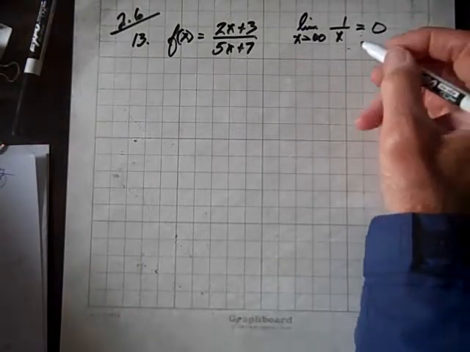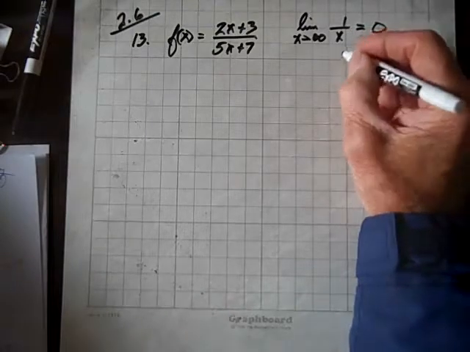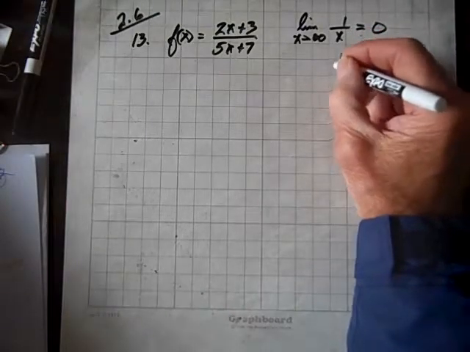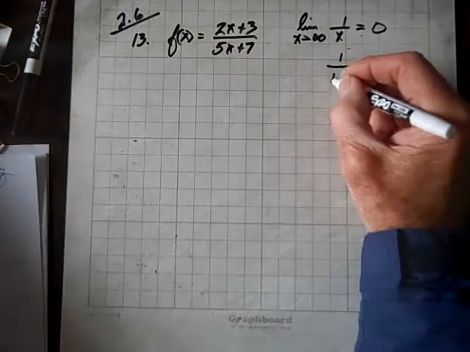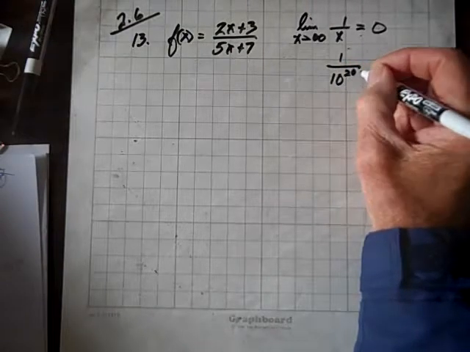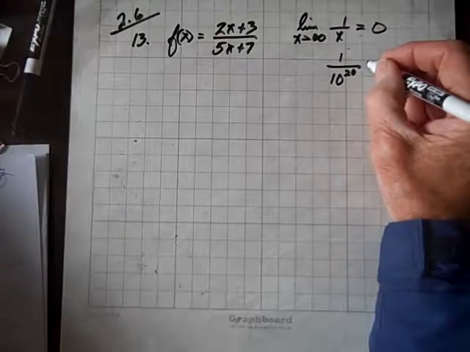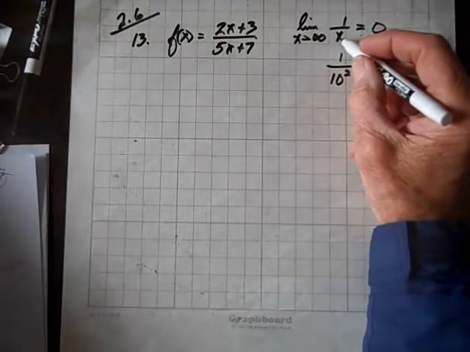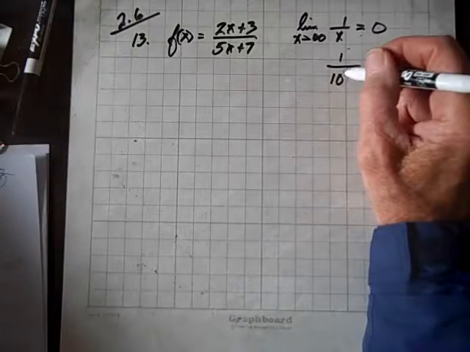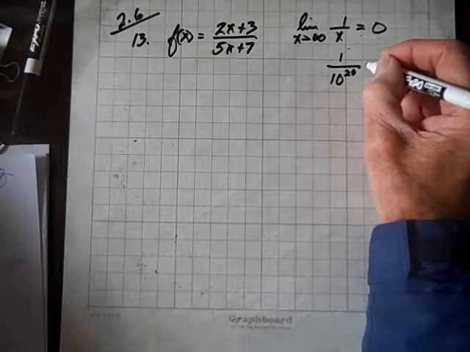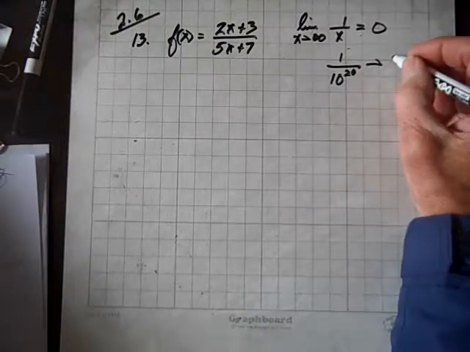And you can say, well, how do I know that? Give me an example. Well, let's let x be 10 to the 20th. That's a 1 with 20 zeros. Will you agree that's darn small? And this denominator is going to get larger than that. Would you agree that's essentially darn close to 0?